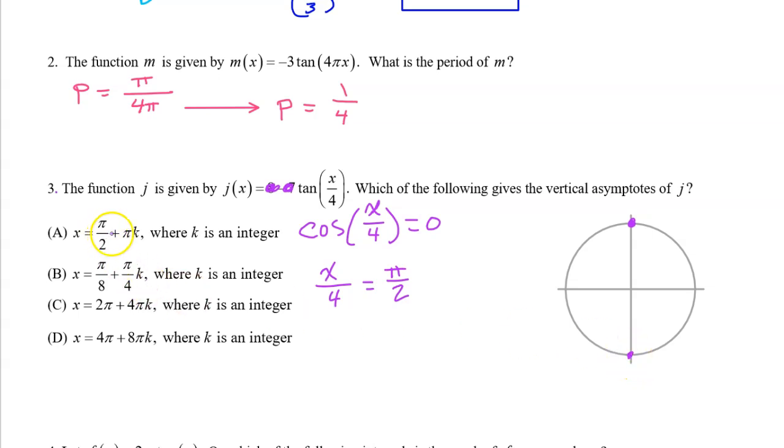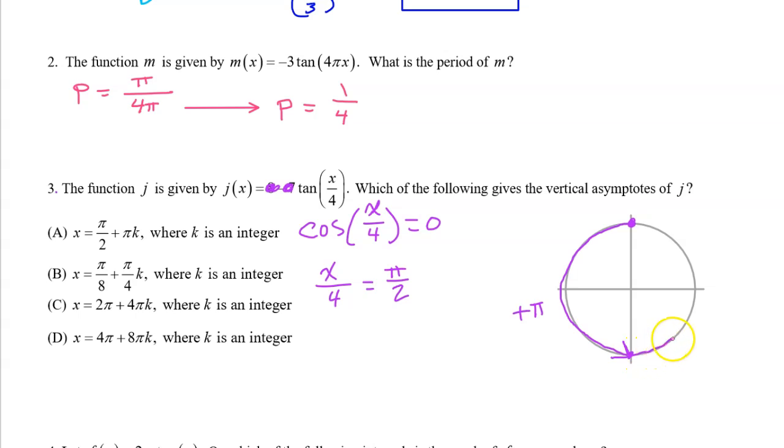I'm noticing that we need to make an expression representing the infinitely many solutions to this equation. Well, we can get from one solution to the next solution by adding pi radians. So adding pi will take us to the 3 pi over 2.